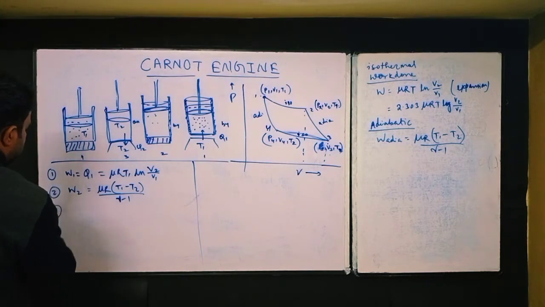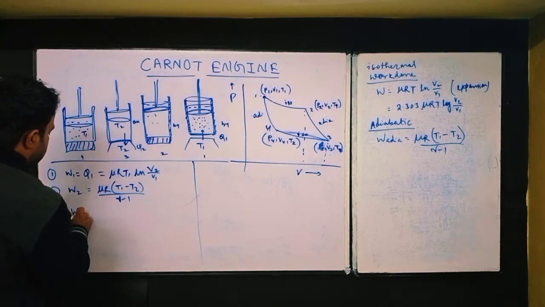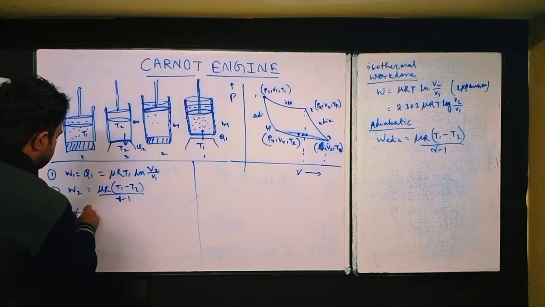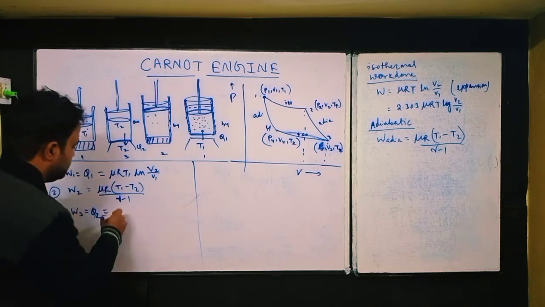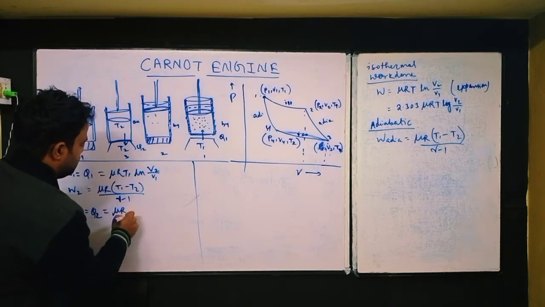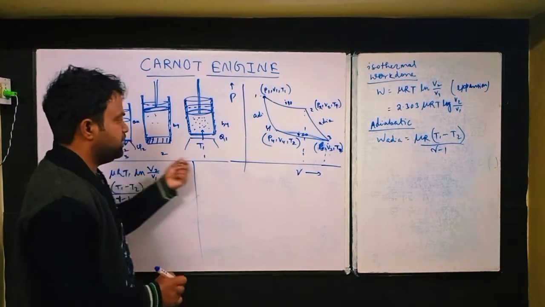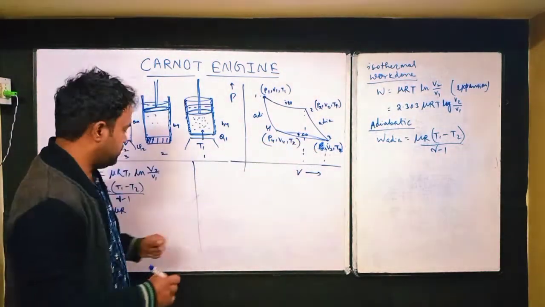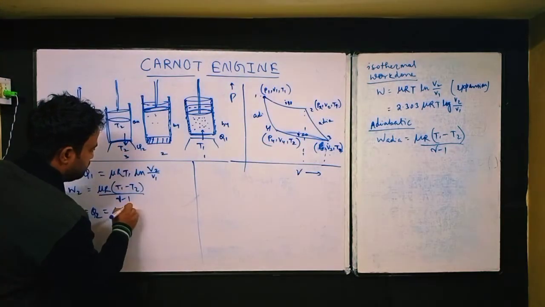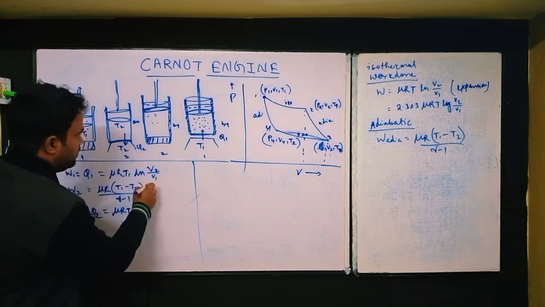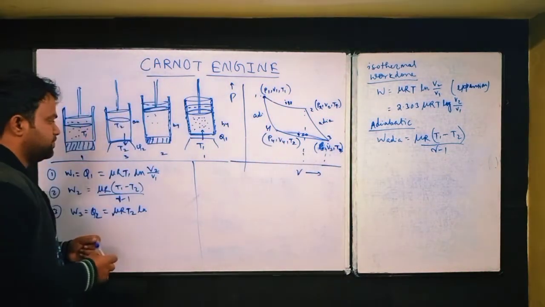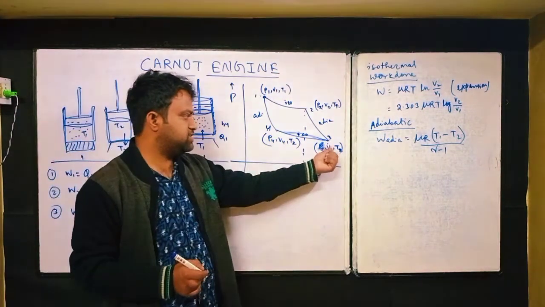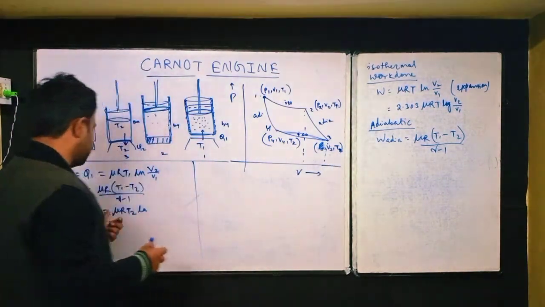And third, W3: here heat is released, so it will be equal to the heat released, that is Q2, and the value is mu R. What is the temperature here? Temperature is T2, so mu R T2 ln, and what is the volume? Volume is changing from V3 to V4, but see one thing, here the volume is decreasing, so a negative sign will come up.